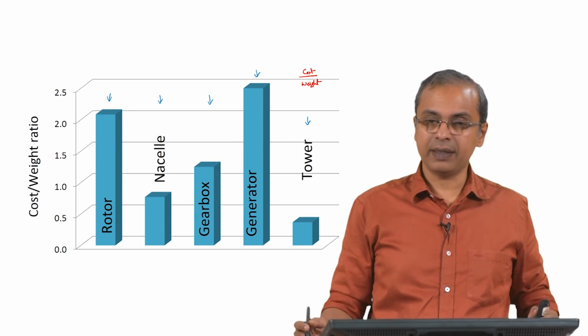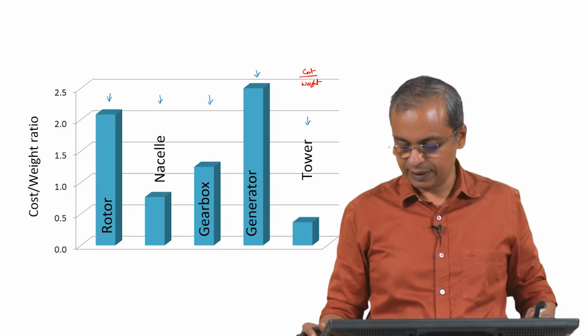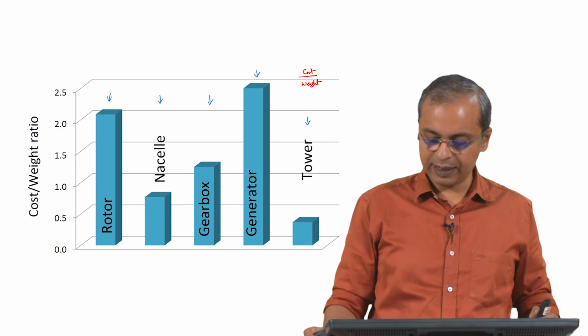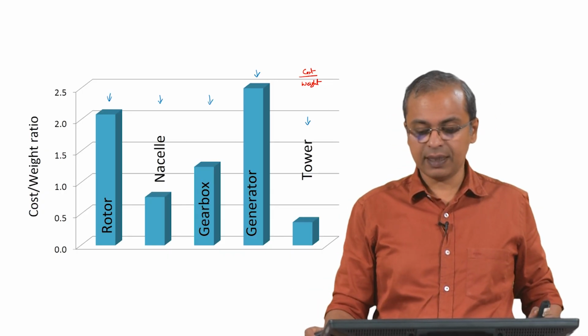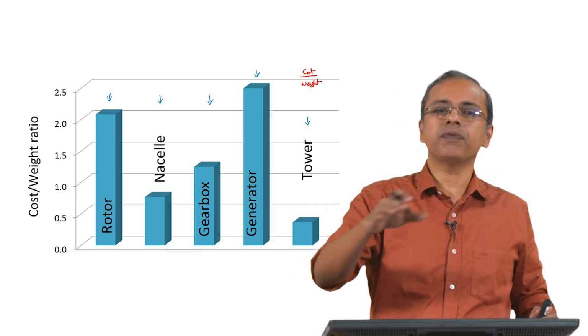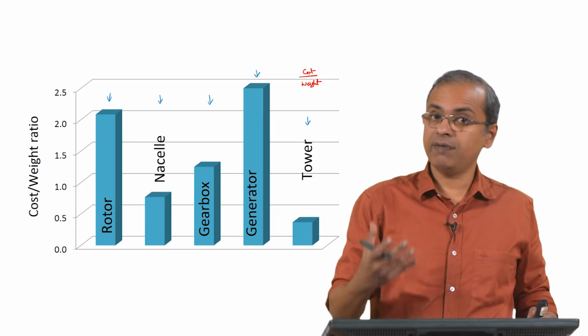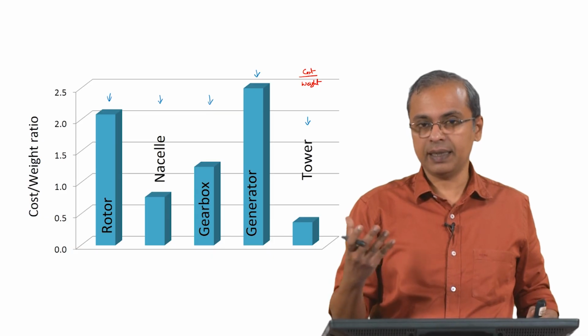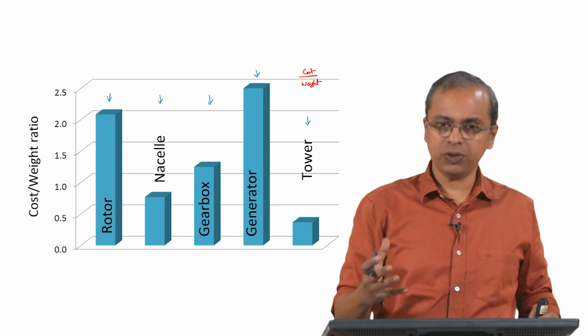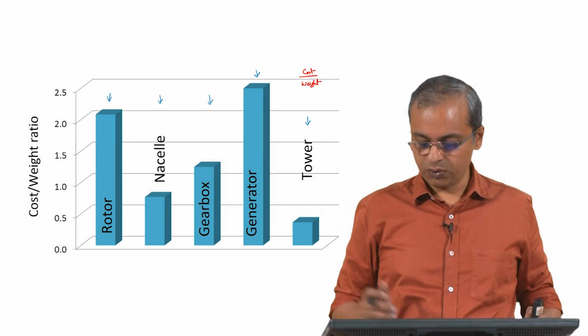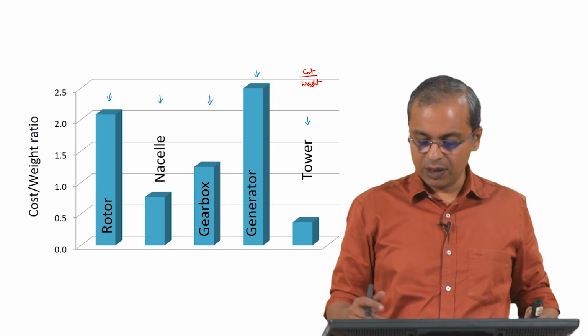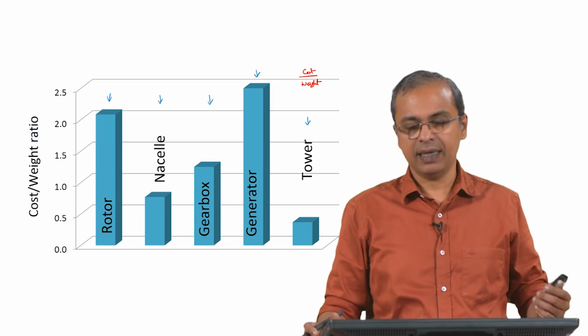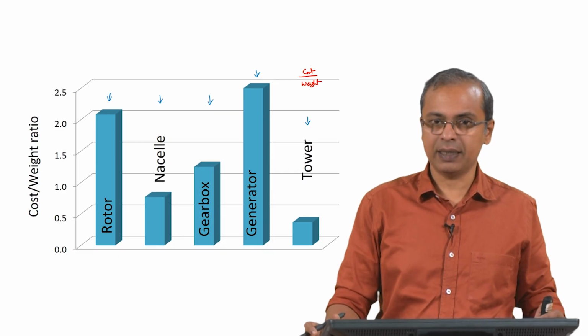In fact, in terms of transportation costs and all, there are a lot of things involved with the tower. So, that is the cost to weight for the tower. The generator, in the overall scheme of things, has relatively more cost, and as a fraction of the overall weight it is also reasonably heavy, but it is not that heavy. So, the generator has this kind of profile: the cost factor is higher, and the weight factor is relatively a little less.